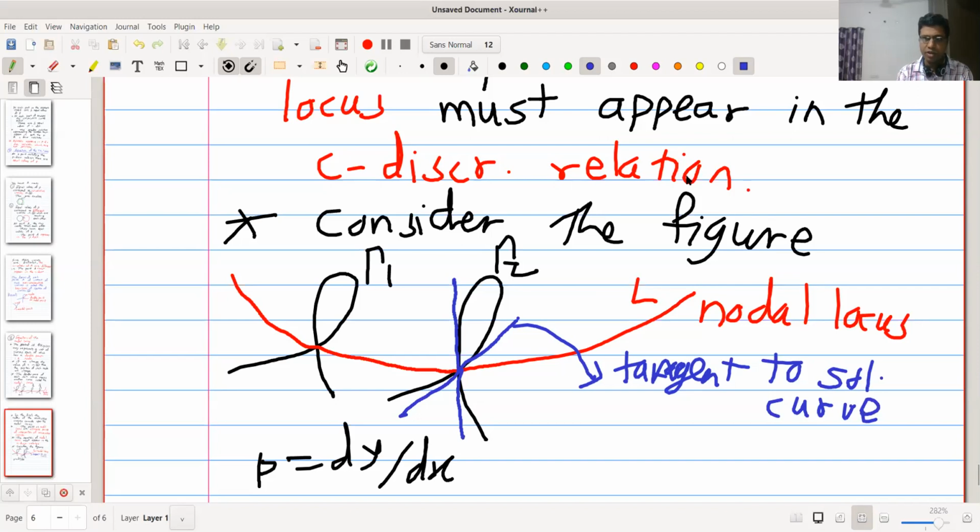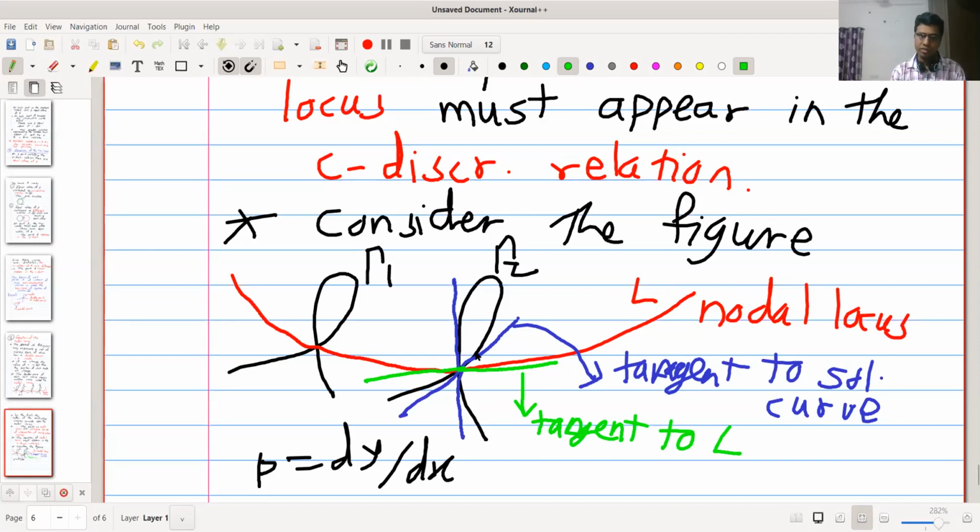Now at the same point, if we sketch tangent to this curve L, which is nodal locus, then we can see that it is different. So this is tangent to L. That means tangents at the same point are different.